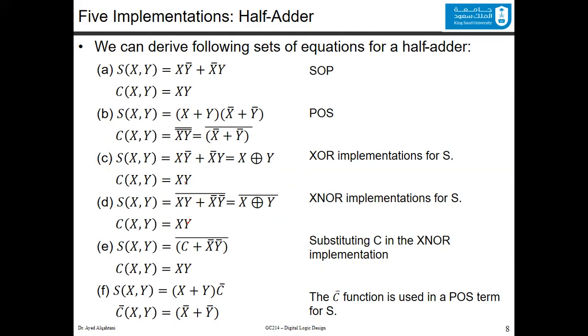The carry is the same. The implementation here is a substitution of the carry C in the XNOR implementation. You can see that we notice here that this term in the carry is the same as the first term in the sum. So we would say that this one is C. That's the only thing that we change in this implementation.